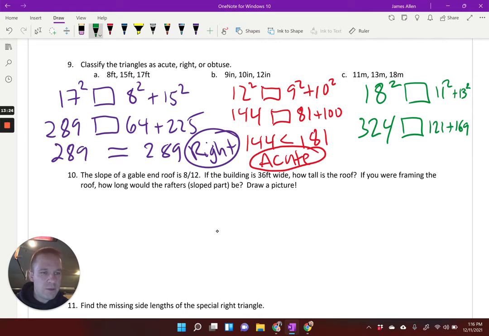If I add those two together, I get 290. 290 versus 324. That is greater than. So this is obtuse. I want to double check that is indeed 324. It is 324. Awesome.